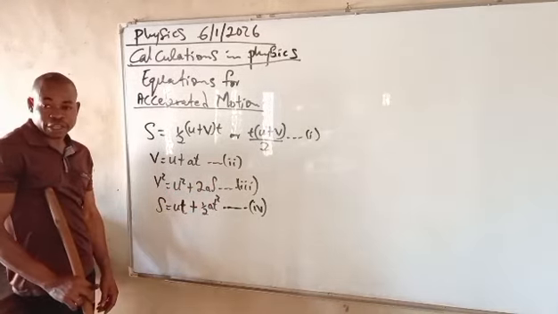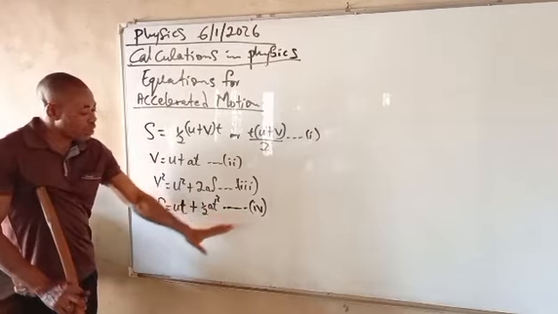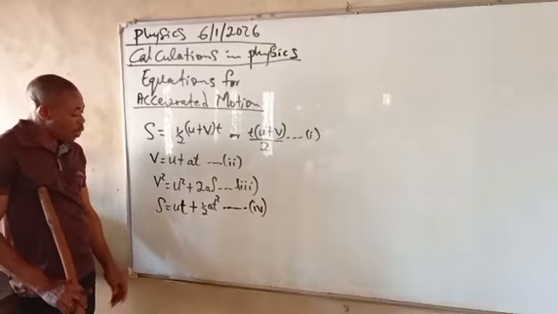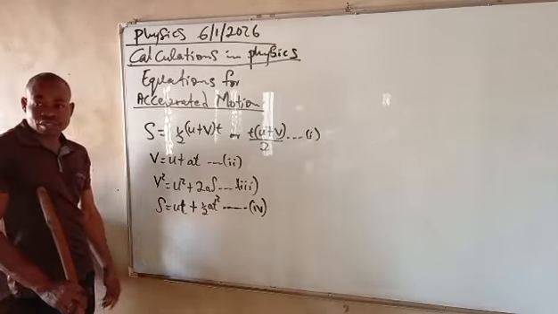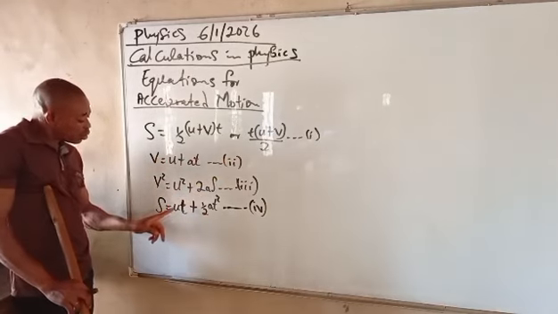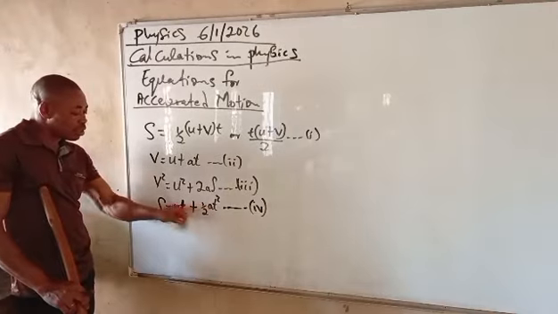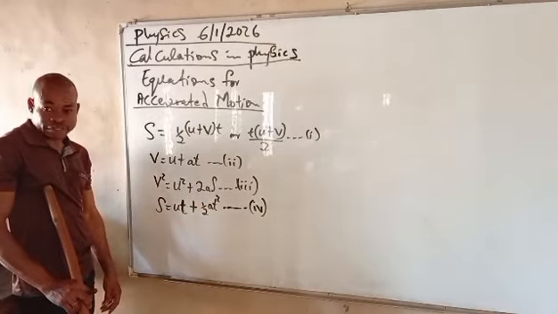So we use this particular formula to calculate final velocity when initial velocity, acceleration, and the distance are given. Following? Good. And the last one we have here, that is equation 4. We use it to calculate distance on a straight ground when initial velocity, time and acceleration are all given.